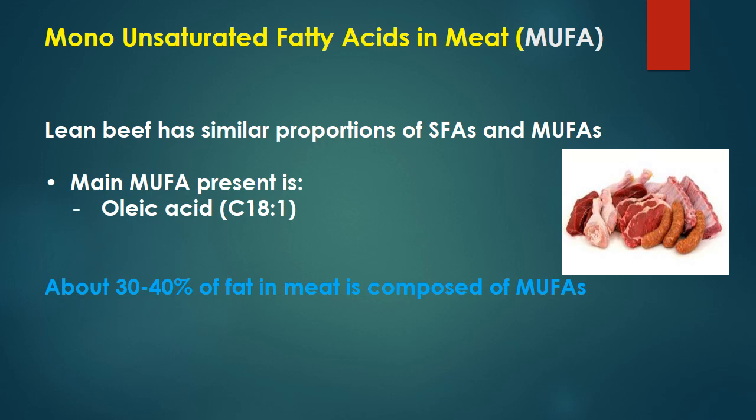The main MUFA present in meat is oleic acid, the single double bond form of carbon number 18 stearic acid. When it has one double bond, it is called oleic acid. About 30 to 40% of fat in meat is composed of MUFA.